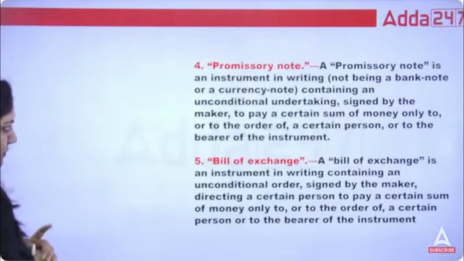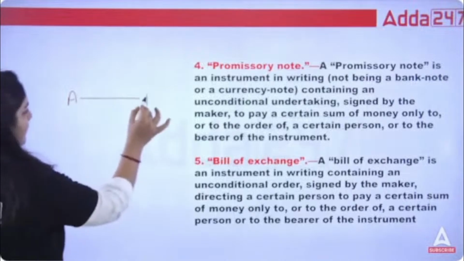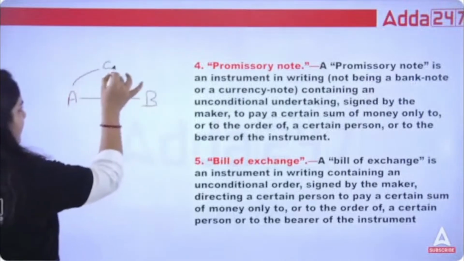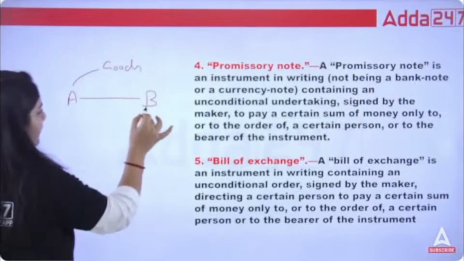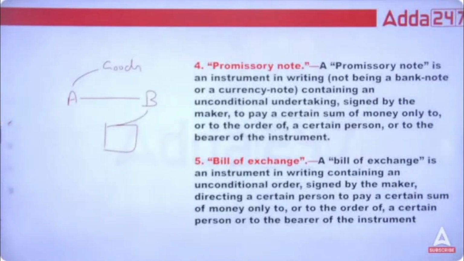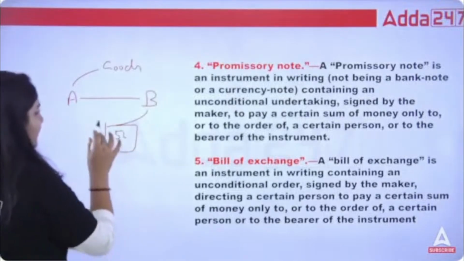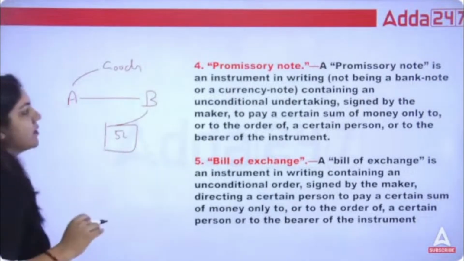Now, what is promissory note? Section 4. Promissory note is basically, this is A, this is B. A is giving goods to B. B is making a document, registered and stamped, that he will give 5 lakh rupees after 1 month to person A. This is called promissory note.